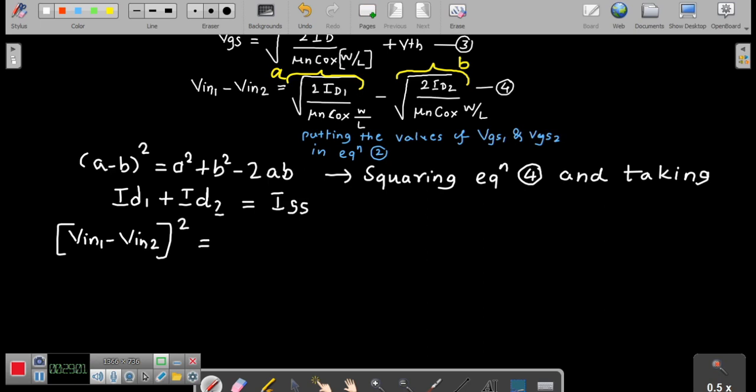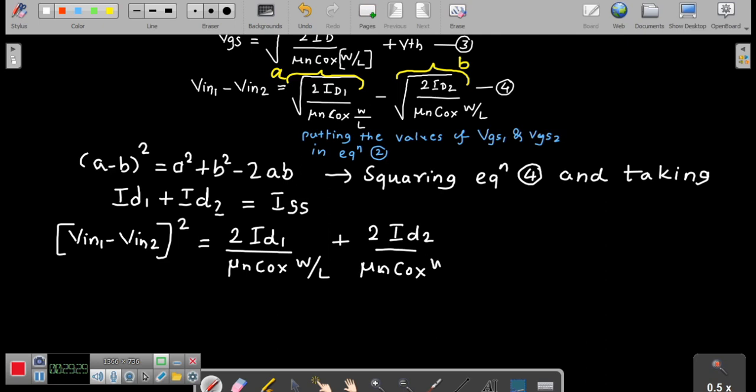This will become 2 into ID1 divided by mu n COX into W by L plus 2 into ID2 divided by mu n COX into W by L minus 2 into A square plus B square minus 2AB.